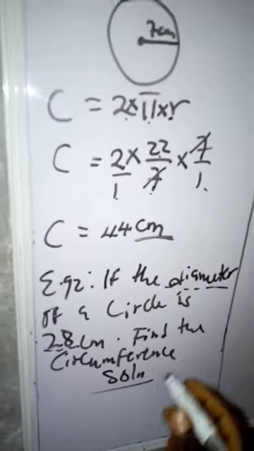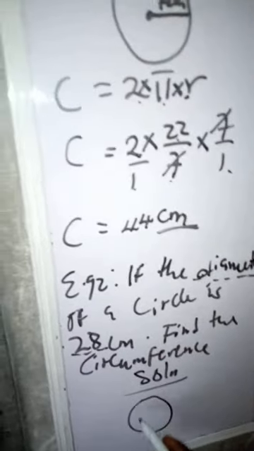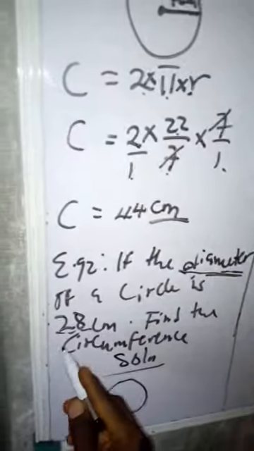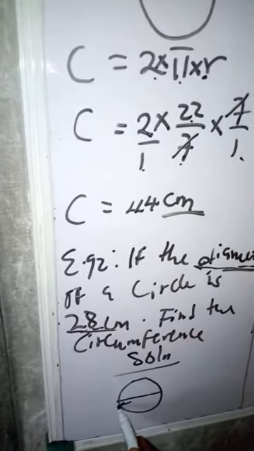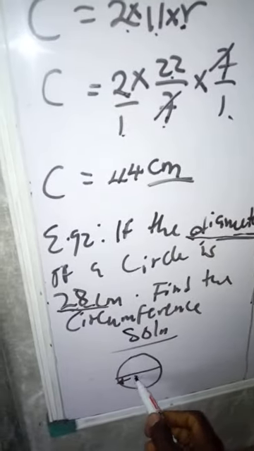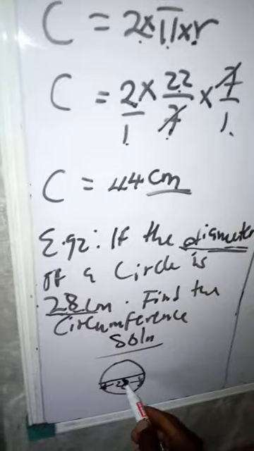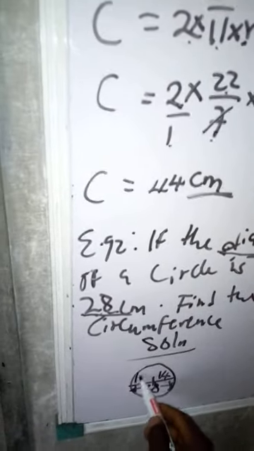Now, simply put, when we draw the circle like this, the diameter here is 28. This is 28, you see it as the diameter. Simple sense should have told you that when we cut it into two, here will be 14, here will be 14.